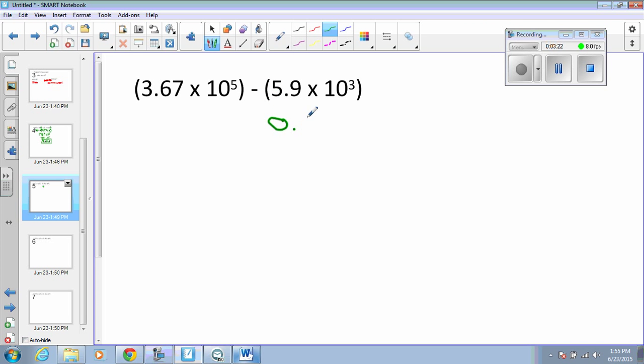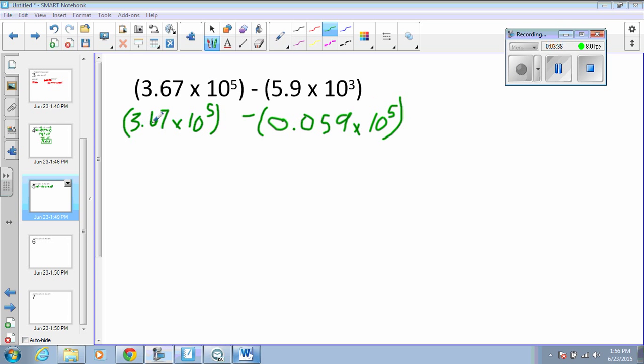That would give us 0.059 times 10 to the fifth. And we're subtracting that, and this just comes down. So we've got 3.67 minus 0.059 equals 3.611. 10 to the fifth just comes down.